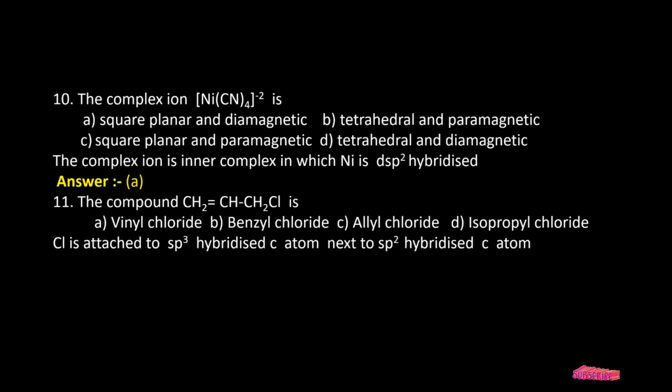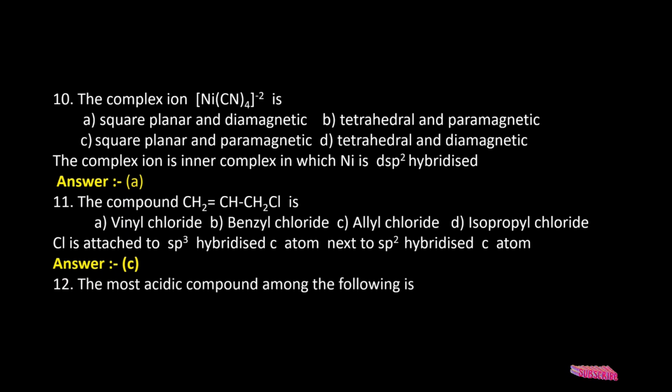So this is an sp2 hybridized carbon atom, and chlorine is attached to this sp3 hybridized carbon atom, and this sp3 hybridized carbon atom is next to an sp2 hybridized carbon atom. Therefore, this compound is allyl chloride. That is the third option, the correct answer for this one. Answer C. So allyl chloride is the given type of compound.